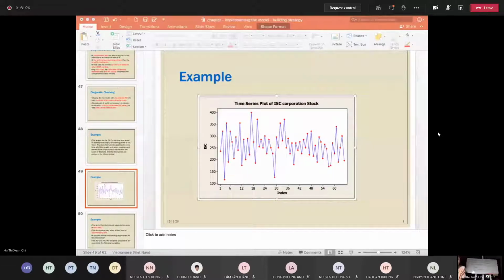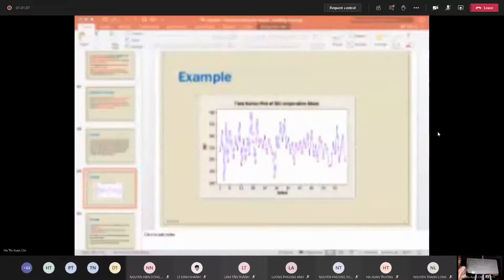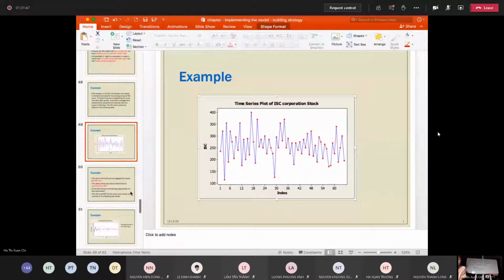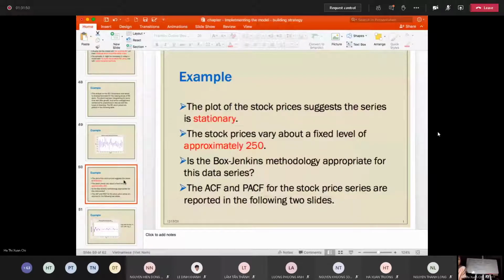Or if you want, you can practice running that, drawing the plot, so you can see that. Yes, here that is stationary.